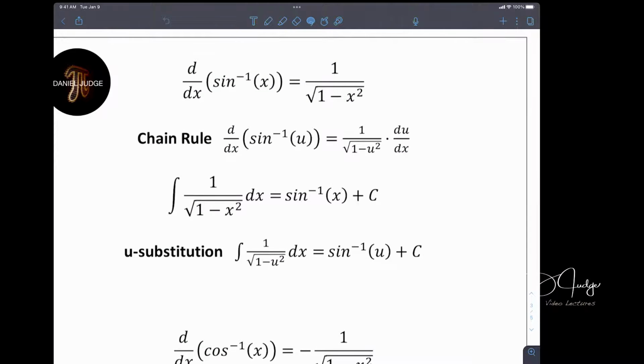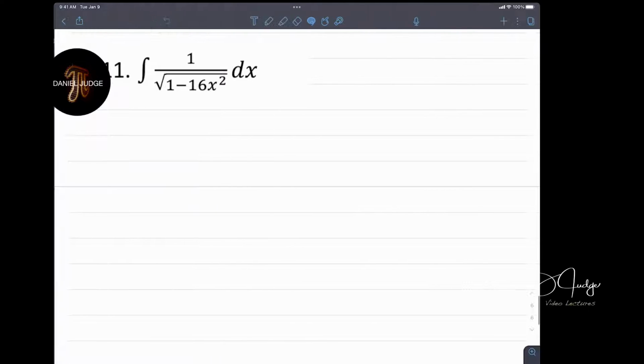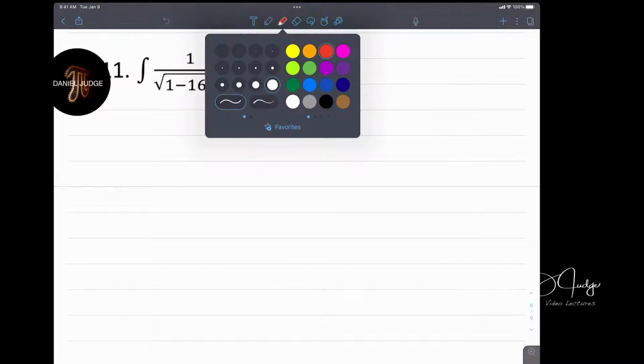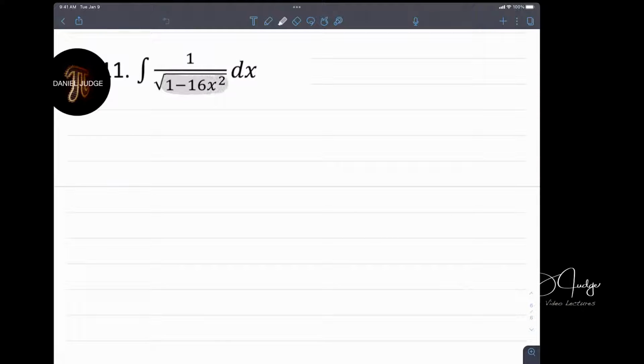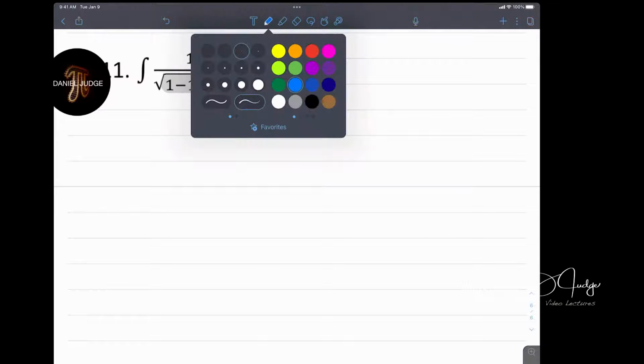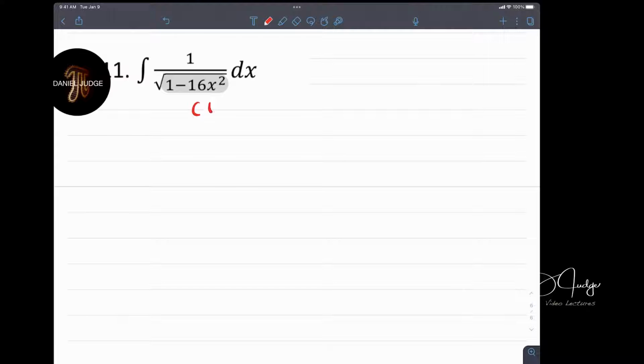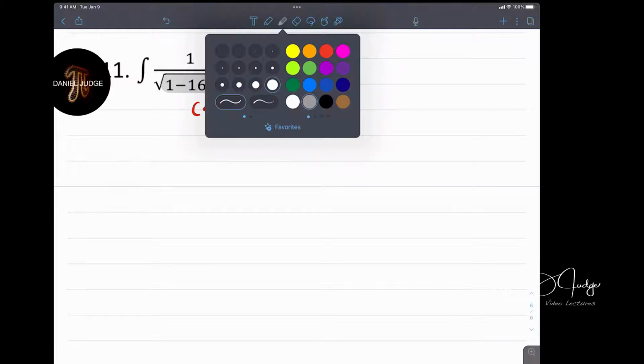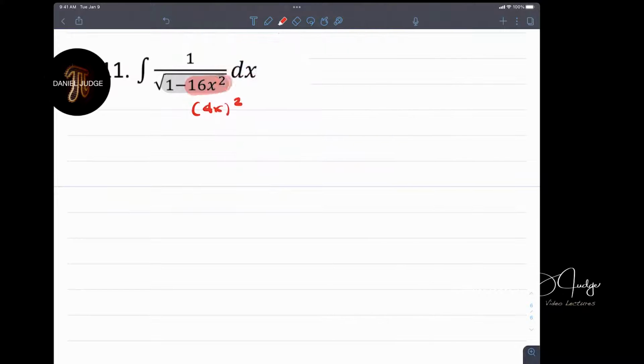Let me go back. Here's my point. If I look at the denominator, this is the square root of 1 minus 16x squared. So you may start to say, can I write this as 4x to the second power? And you can. In other words, 16x squared is really 4x to the second power.